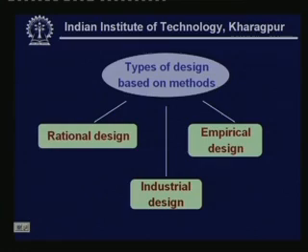Here you can see we have given 3 such sets of ideas. One is rational design, another is empirical design, and the third one is industrial design. Let us have a look once again at what we understand by these 3 terminologies, namely rational design, empirical design and industrial design.